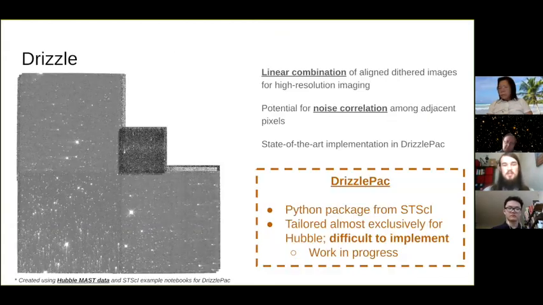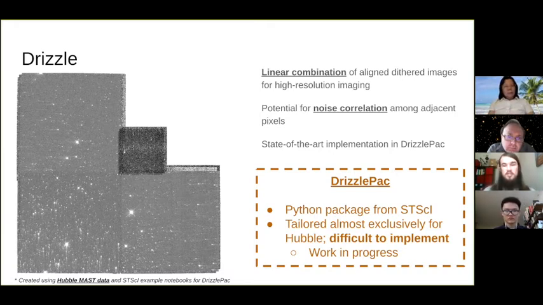Now, once you have this set of images, how do you actually use it and get something meaningful out of it? Well, one option is to try to do a linear combination of those images with something like drizzle. And this allows you to compile a set of images, align them, and then stack them into a higher resolution picture.